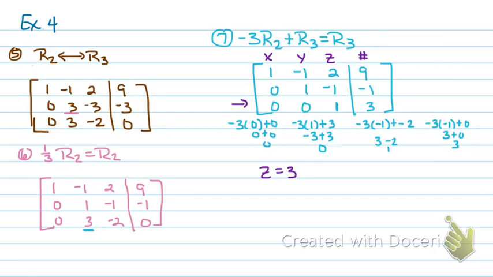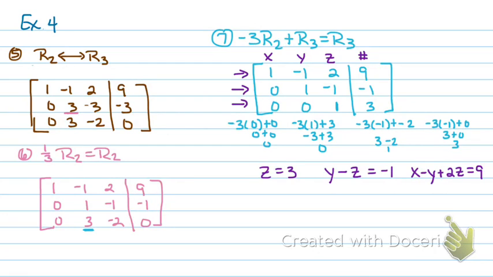As I go up, the next row tells me I have no x's, but I've got 1y minus 1z equals negative 1. And finally, the first row at the very top says I've got x minus 1y plus 2z, and that's equal to 9.